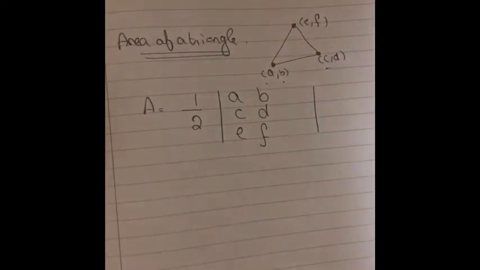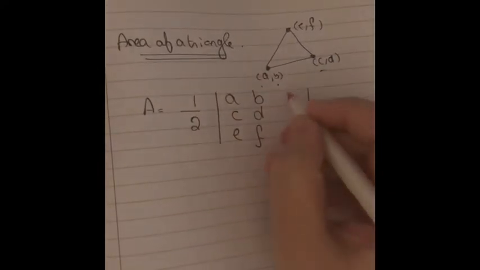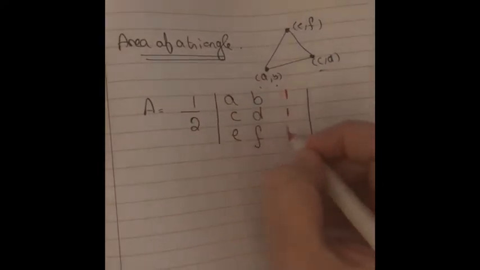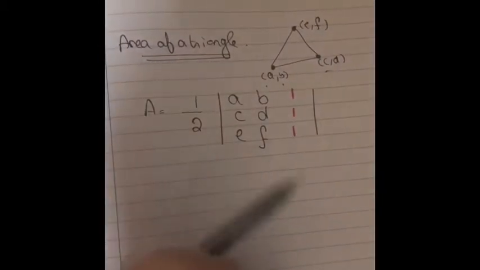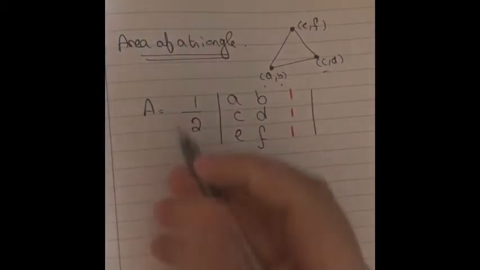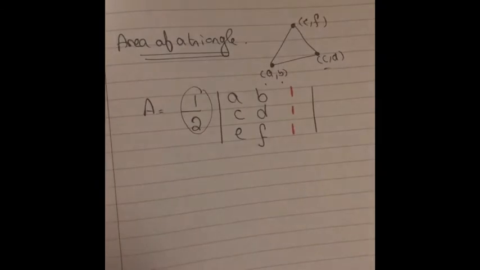And over here, how will I make it a 3 by 3? I'm just going to add 1, 1, 1. And this is the rule that's written in your book. Remember it has a half over here. How will you find the determinant?